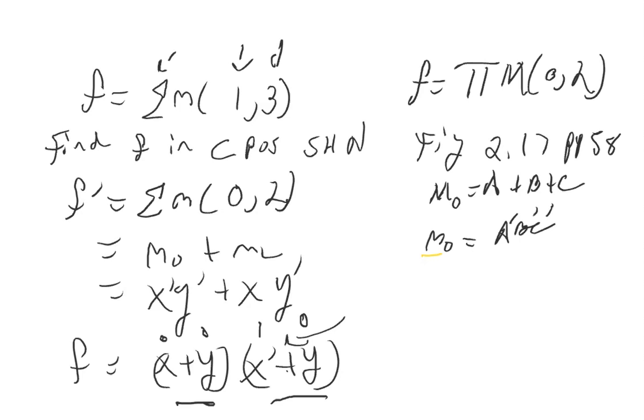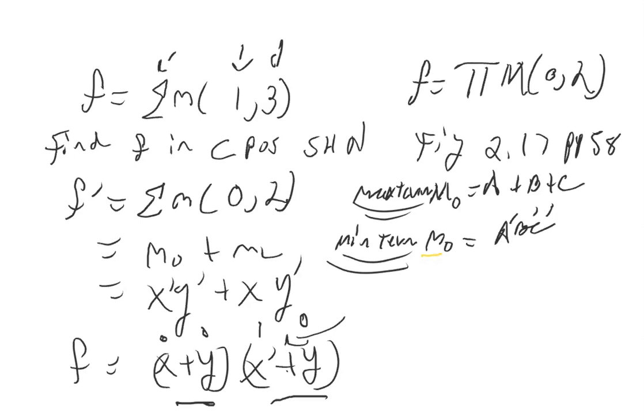Little m is going to be the min term. Big M is the max term. And so when you're reading the book, you'll see how you can convert directly from canonical sum of products to canonical product of sums simply by changing sigma to pi, little m to big M, and finding the complement of the indices.